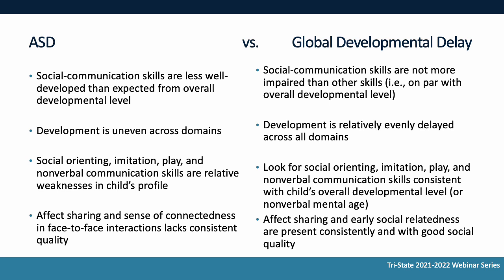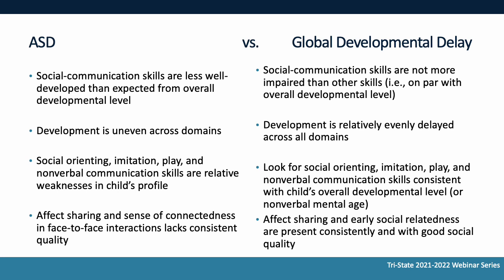So if your task is to try to tell the difference between an autism spectrum disorder or a global developmental delay in a child under 3, here are some of the things we think you ought to look for. If the child has ASD, you'll notice that social communication skills are going to be less well developed than their overall developmental level.